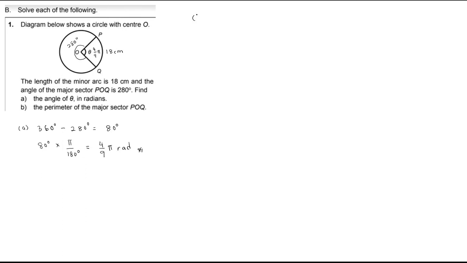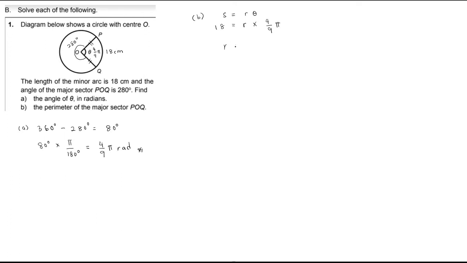Let's find the radius first by using S equal to r theta. The arc length of the smaller sector is 18. So 18 equal radius, which is what we want to find, the length of PO and QO, times theta, which we calculated earlier, 4 over 9 pi. Again, make sure that the mode of your calculator is in radian.